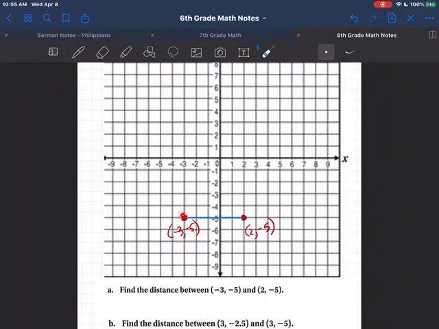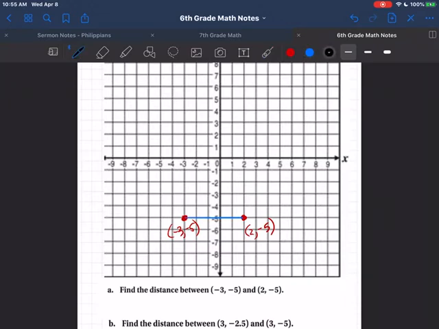One way is to think of it as if they're in different quadrants, you add the first two numbers' absolute values. If they're in the same quadrant, so if you were between 4 and 5, there's only 1, so you could subtract. 5 minus 4 is 1.